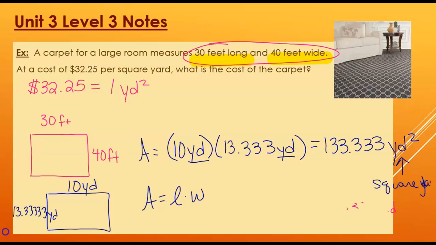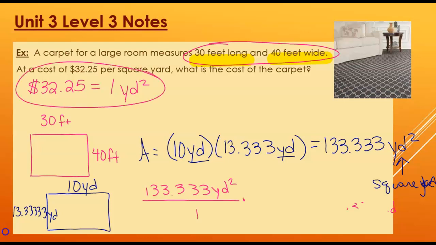So now we're ready to find out the cost. If I start with 133.3 repeating square yards, I can figure out, using this conversion factor, that 1 square yard is $32.25.